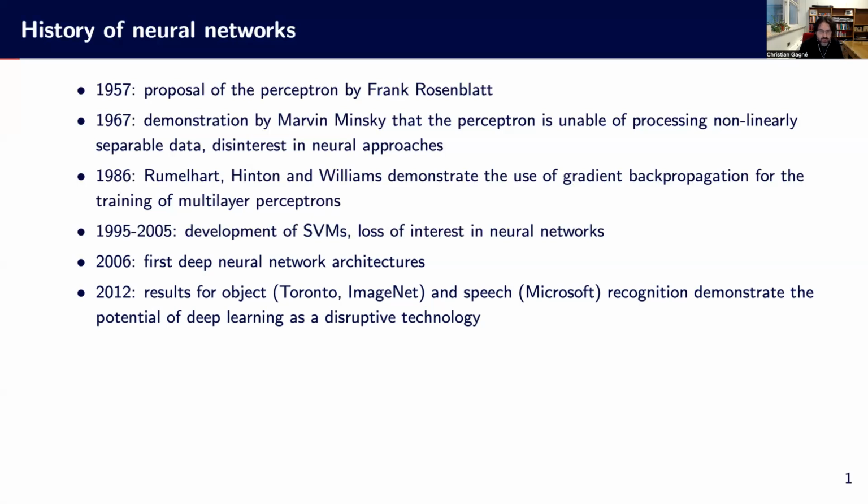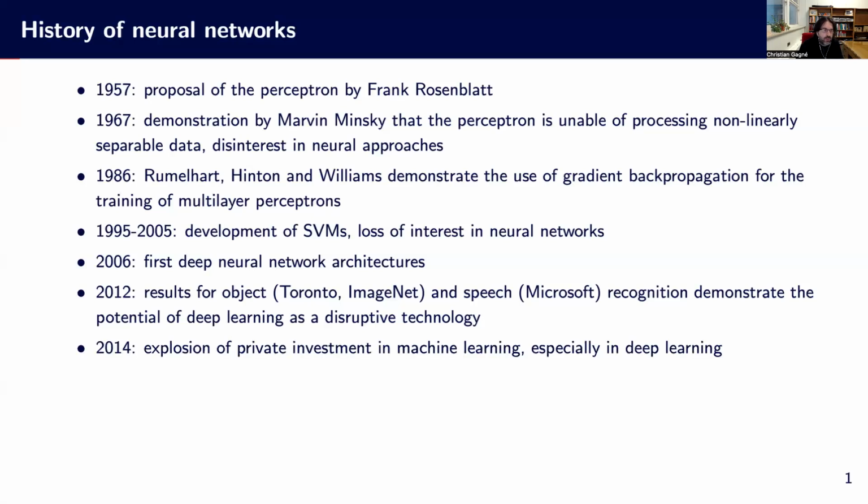That was an important breakthrough. There was also a nice demonstration from Microsoft on speech recognition. It really shows that deep learning is a disruptive technology that can allow significant improvements for many applications.